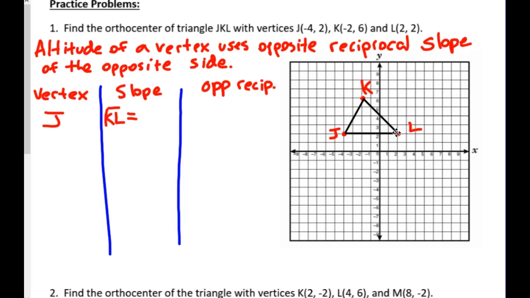Yeah, negative 1 over 1. So let's write that down. And then I need to write the opposite reciprocal. So opposite reciprocal of negative 1 over 1 is what?